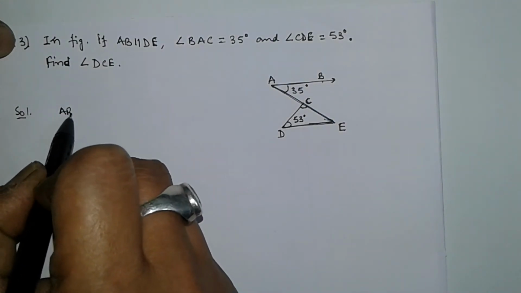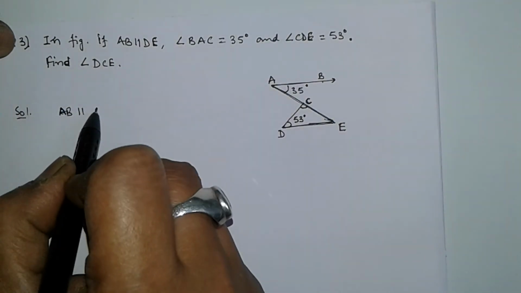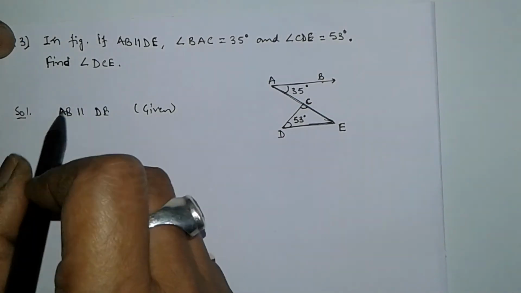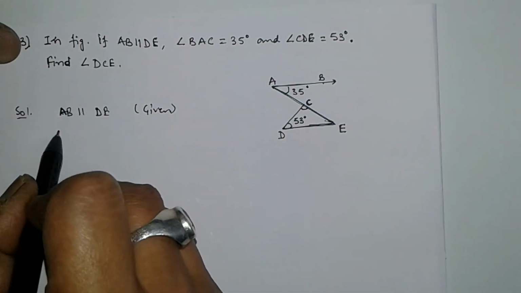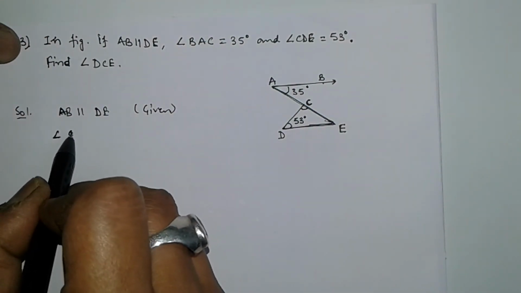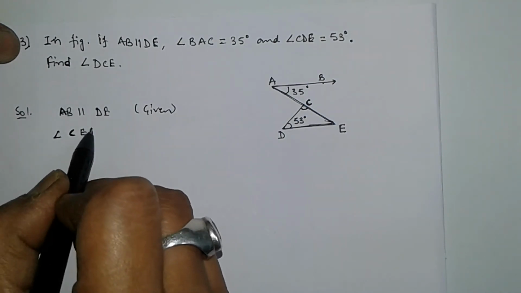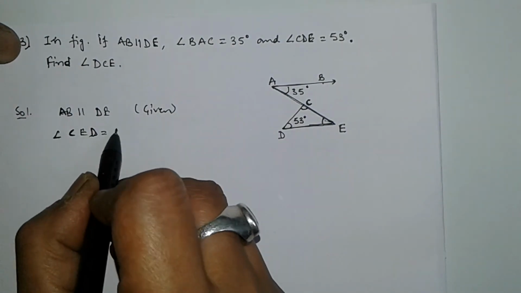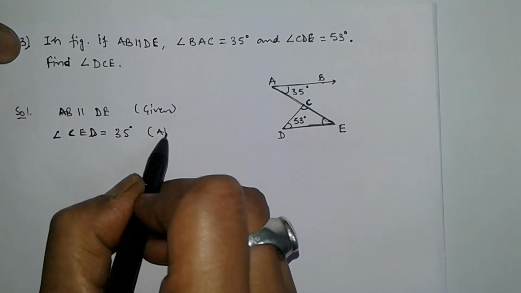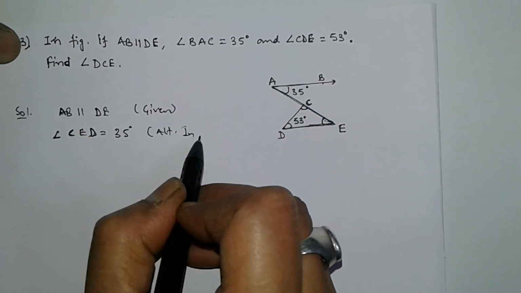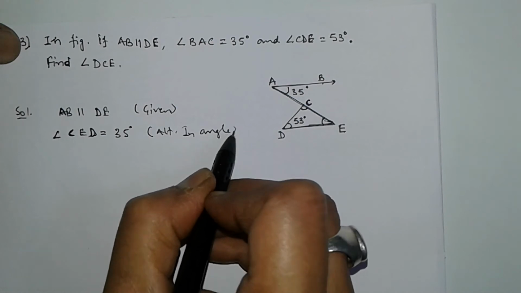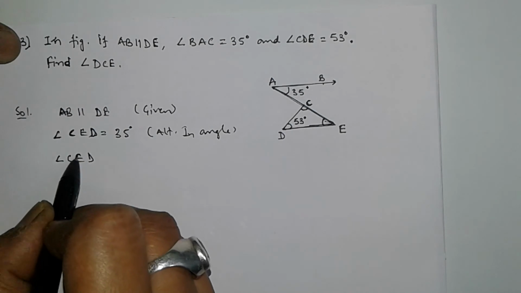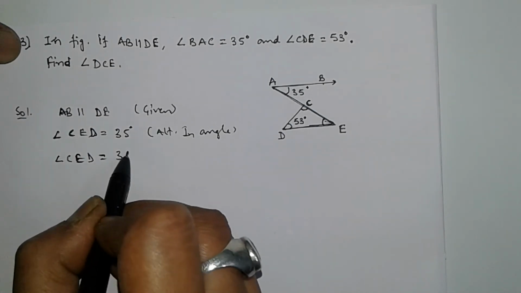Since AB is parallel to DE, it is given that angle CED is equal to 35 degrees, alternate interior angles. So angle CED is 35 degrees, as we have already written here.